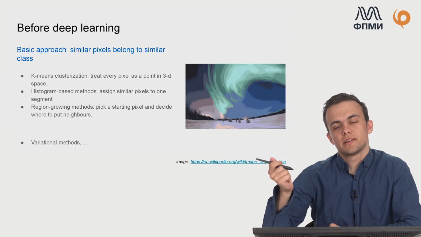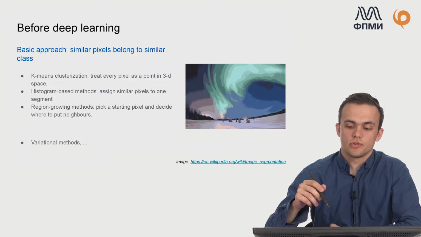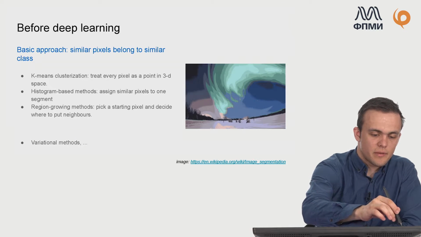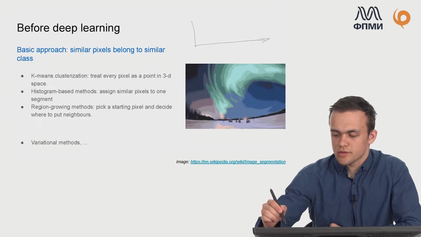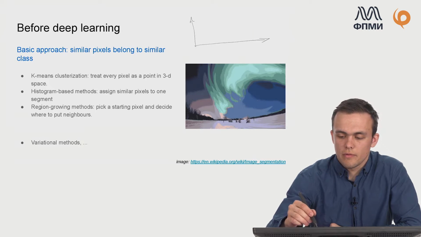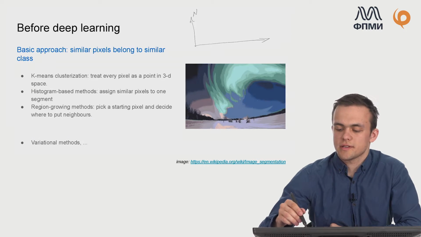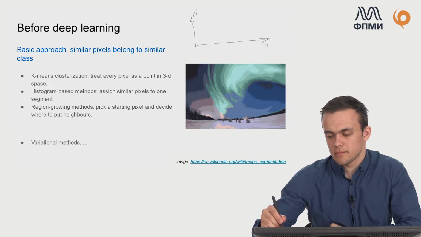There are plenty of other methods, like histogram-based methods, where you plot some histogram. Let me draw it. So you have a histogram, and here there will be occurrences, the count of pixels that have a particular, for example, luminosity.